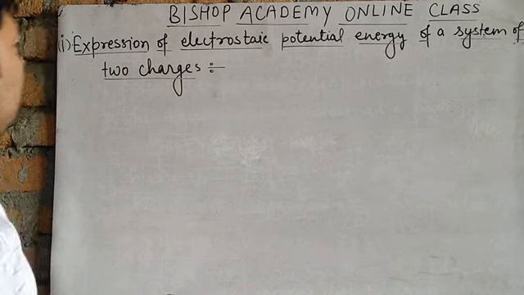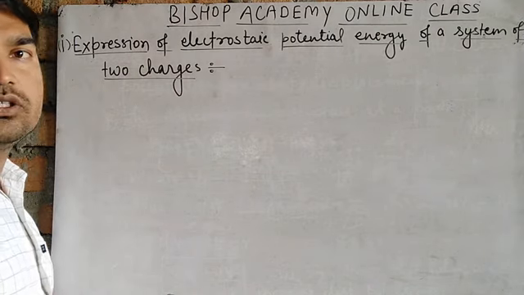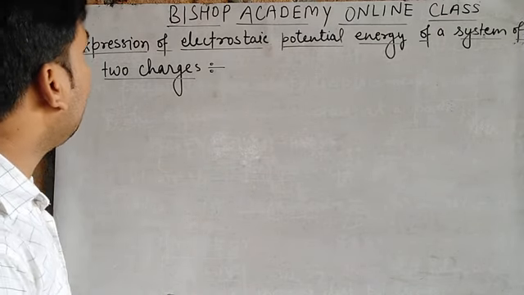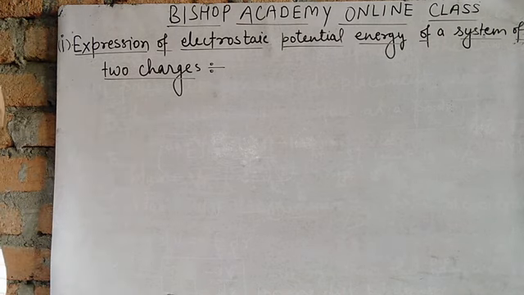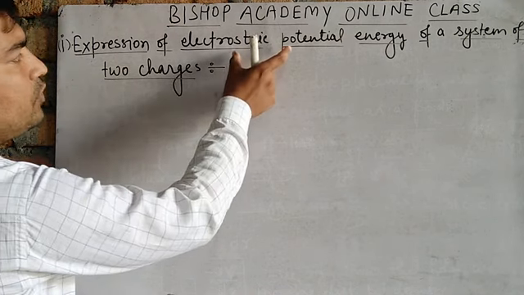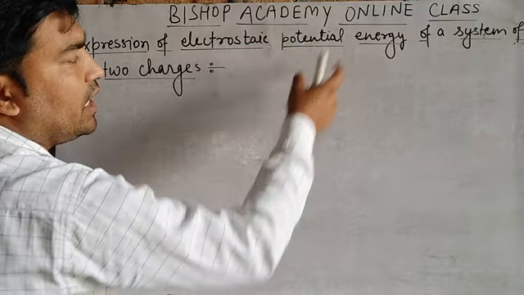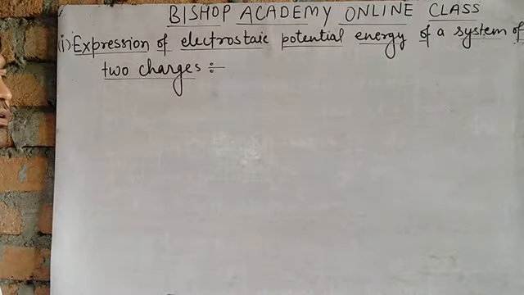Now the next topic is expression of electrostatic potential energy of a system of two charges. It means we have to find out electrostatic potential energy due to a system of two charges.